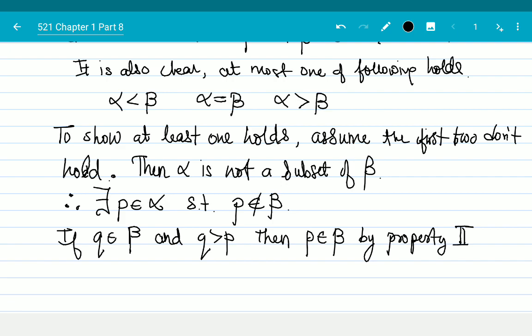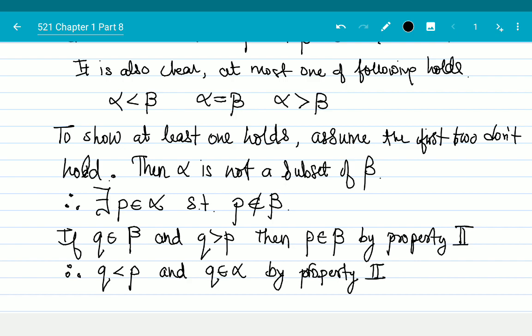Was it property 2? Right. Yeah, by property 2. Therefore, it follows that Q has to be smaller than P, and Q belongs to alpha by property 2.